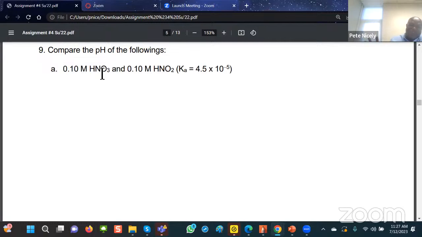Because nitric acid is strong, nitrous acid is weak. But the question is asking for more than that. It's asking you to compare the pH, so you need to find the pH of both acids and compare them.